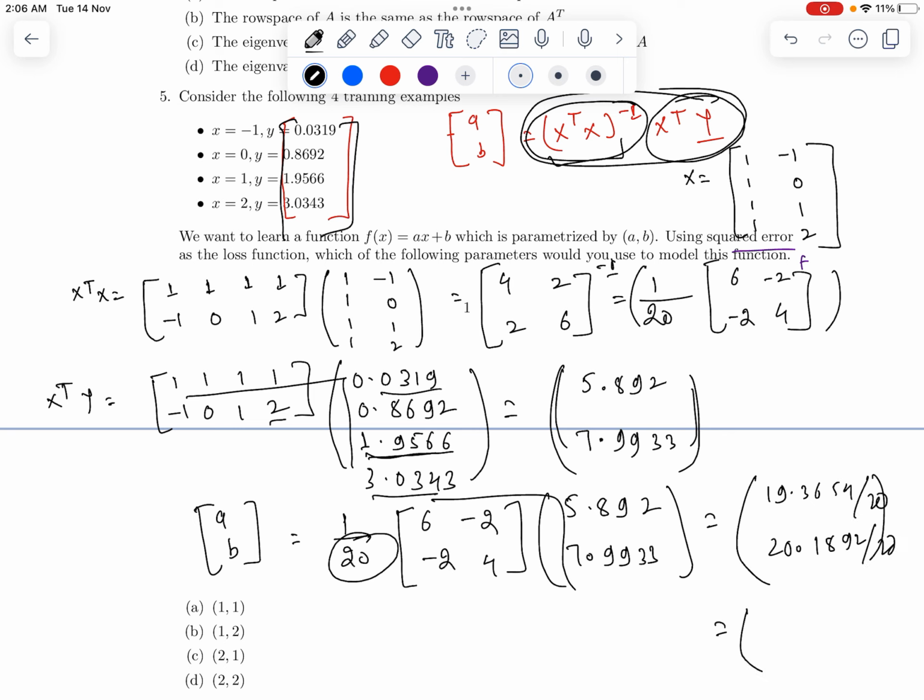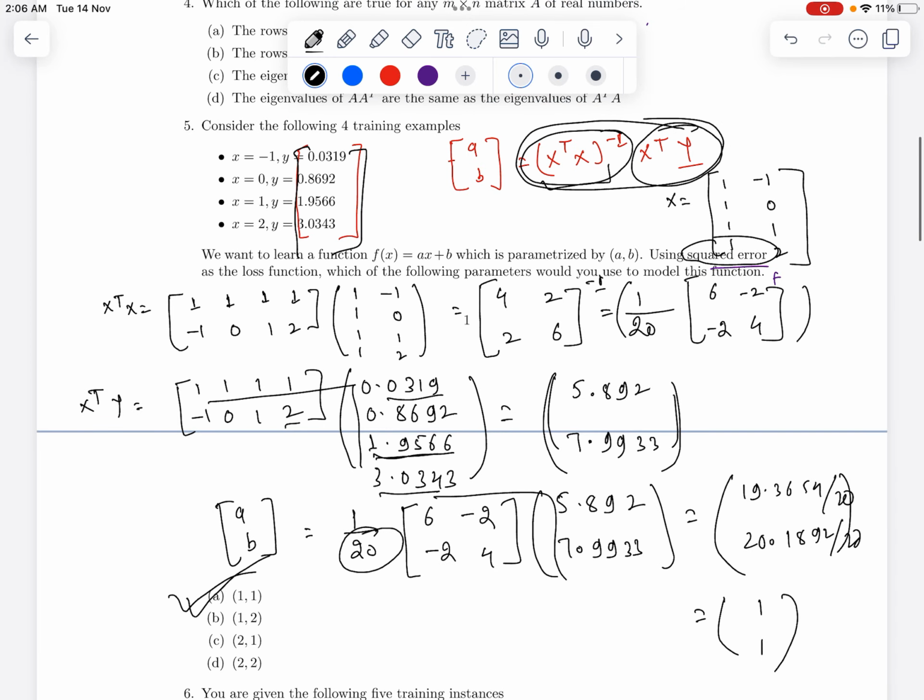So it is approximately 1 and 1. So the correct answer for question 5 is option A. You can also go through the squared error method. Okay, now let's look at one more question.